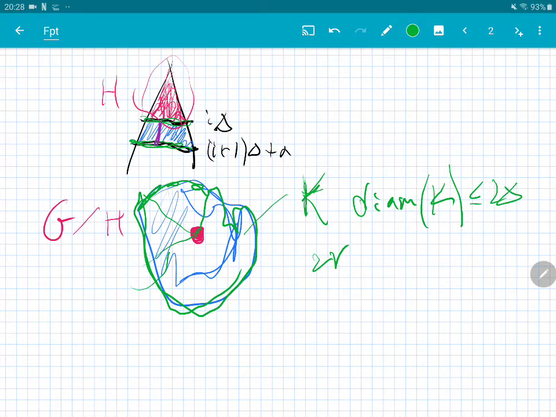And as such, we can compute its largest independent set in time which is some function of its tree width. So the tree width of K is at most order delta.